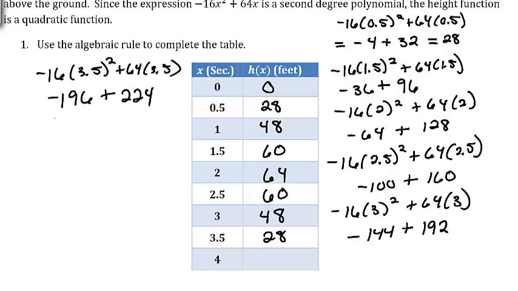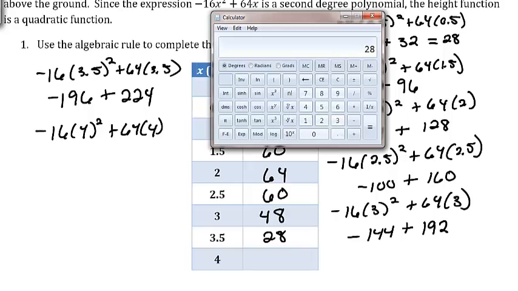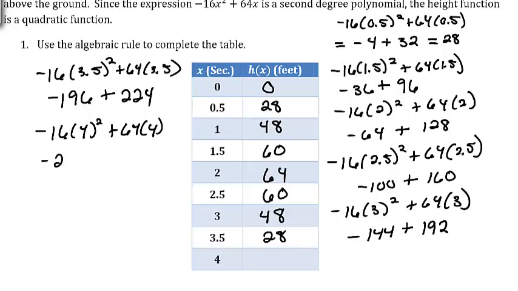And then plug in 4. Negative 16 times 4 squared plus 64 times 4. And 4 squared is 16, so we have 16 times negative 16, and that's negative 256.